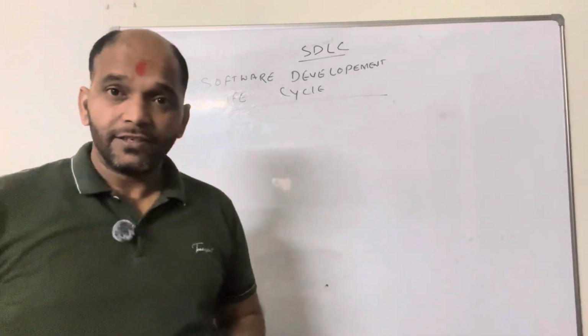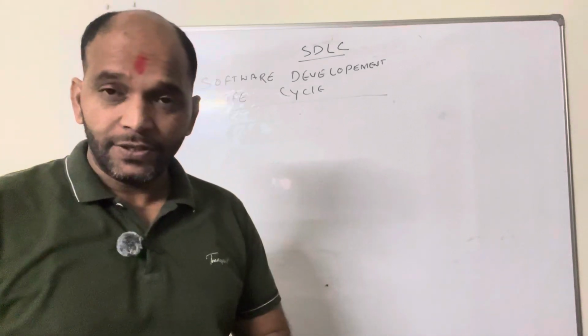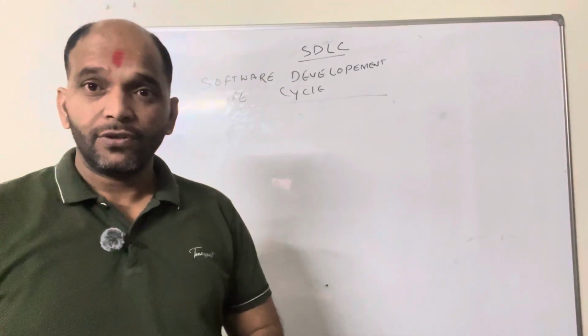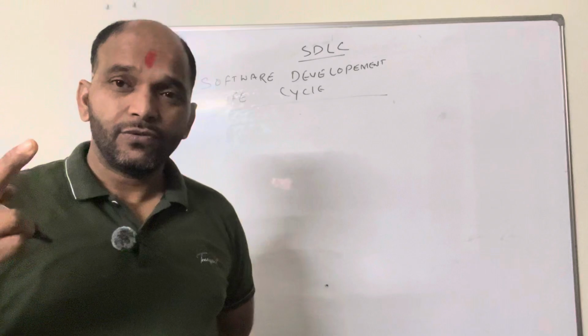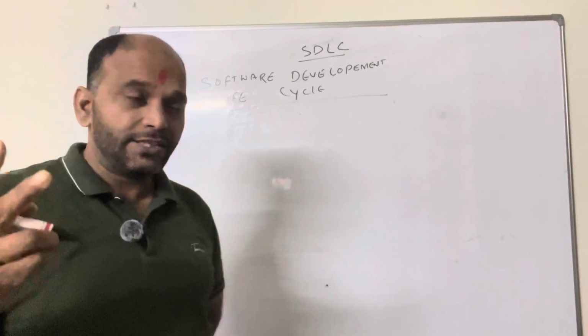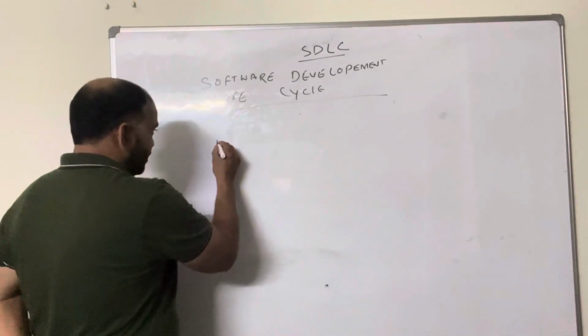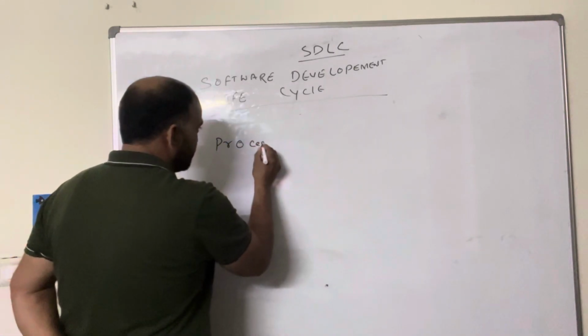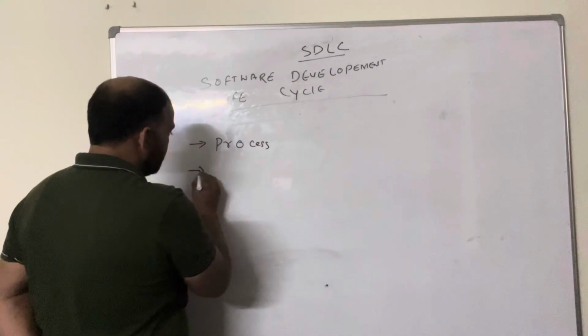But anything which you want to develop or produce, there are only two things required. First one is process, and second one is people.